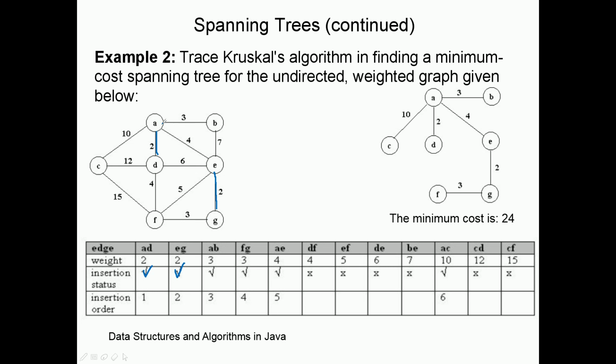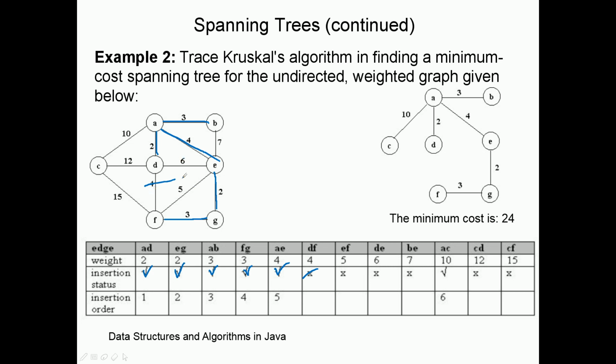We start with AB, and we use FG as well. And then we have number 4, which is AE and DF. We start with AE, it doesn't create a cycle, so I'm going to add it. Now there's DF, it's going to create a cycle, so I'm not going to include it. So DF is not going to be included.